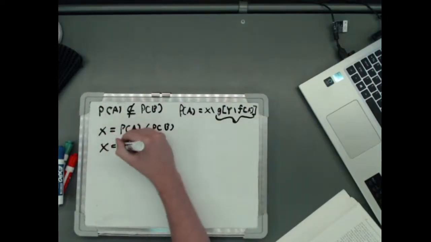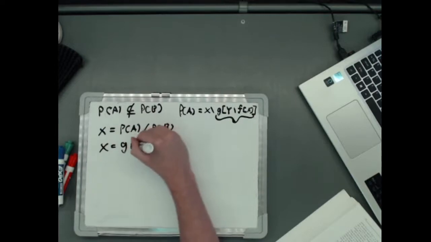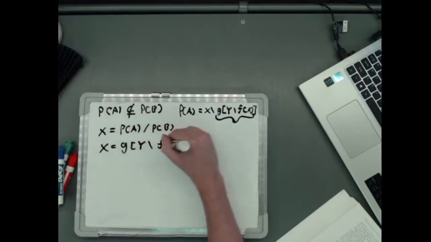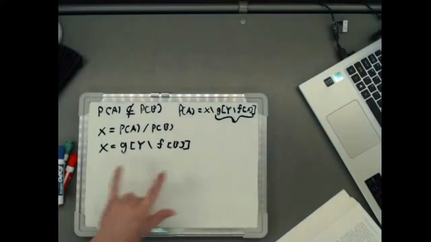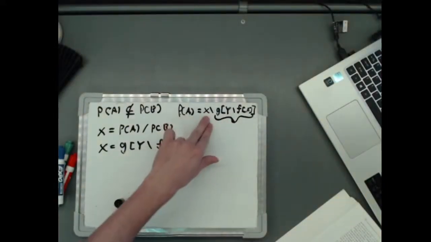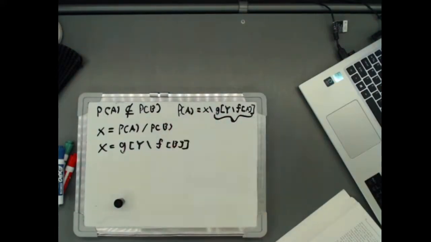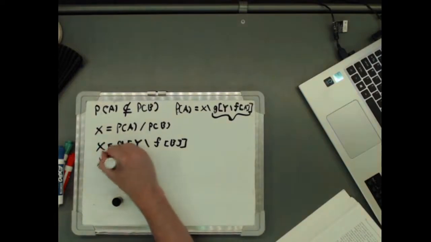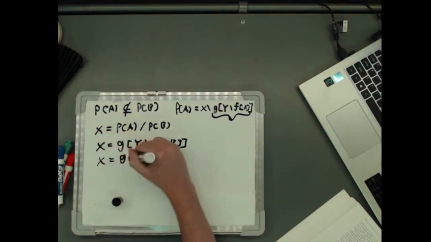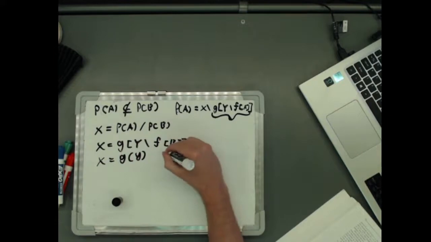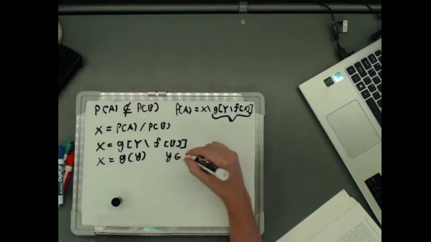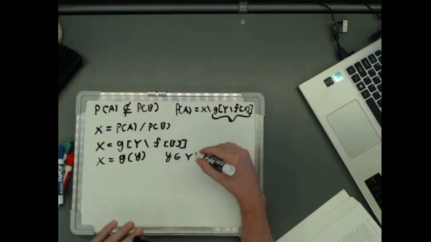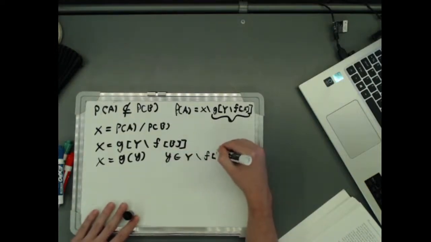But X is inside G of Y minus F of B. This is just because it's inside this, which means it's taken out of X because it's subtracted, so it's non-P of B. This means X is equal to G of Y for some unique Y inside Y minus F of B.